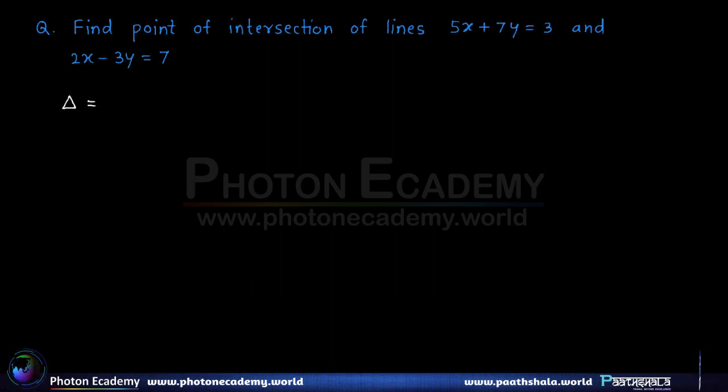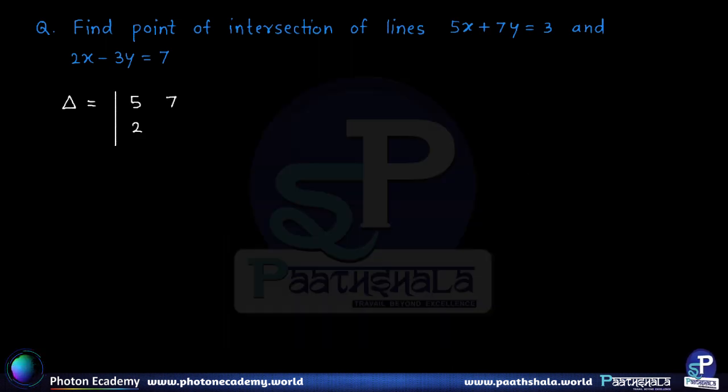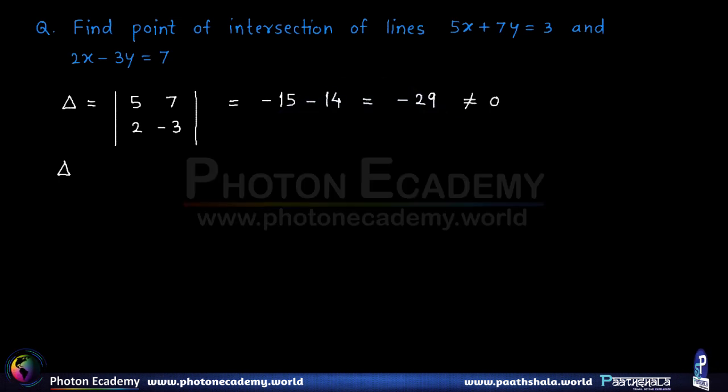First let us find delta, that is 5 7, 2 and minus 3. That gives us 5 into minus 3 is minus 15, minus 7 into 2 is minus 14, which is minus 29. Of course that is not equal to 0, so the lines definitely intersect.